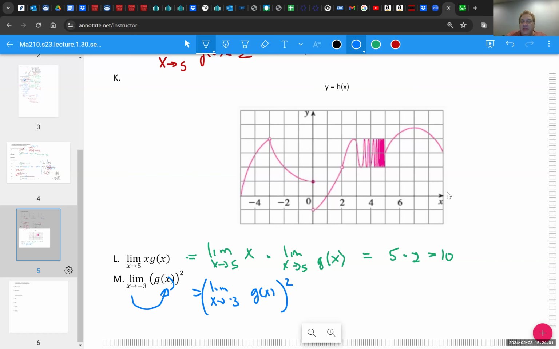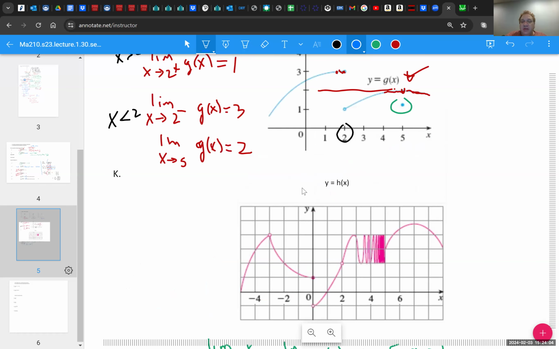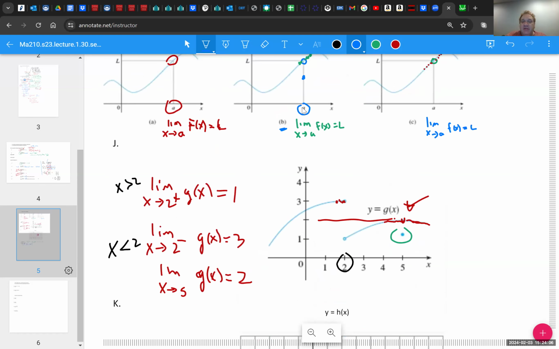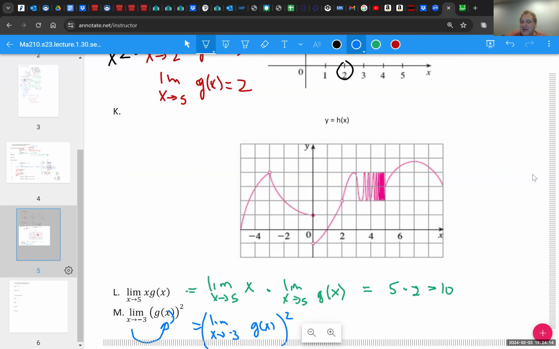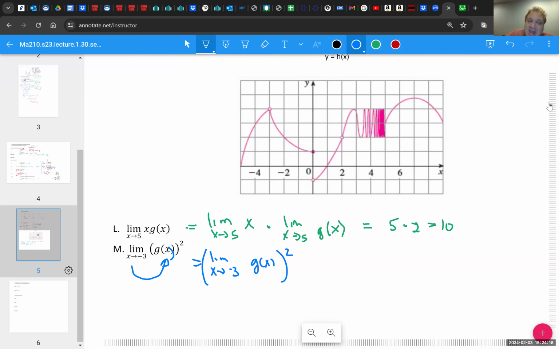So we have to find the limit as x approaches -3 of the g(x) function. We don't have it here because I don't have any x values around -3. I think I meant this to be the h(x) function. I just mistyped it. So if I was doing the h(x) function and edit this on the spot, these are both supposed to be h(x) functions, and I just typed them.